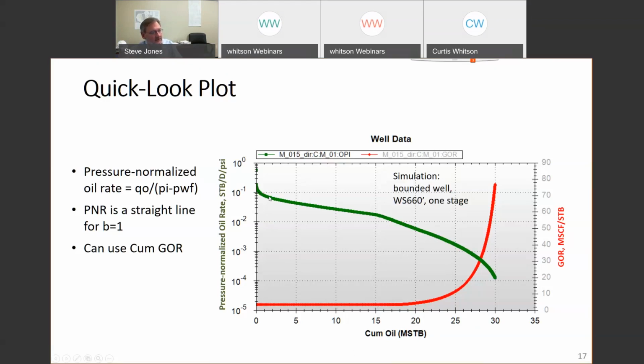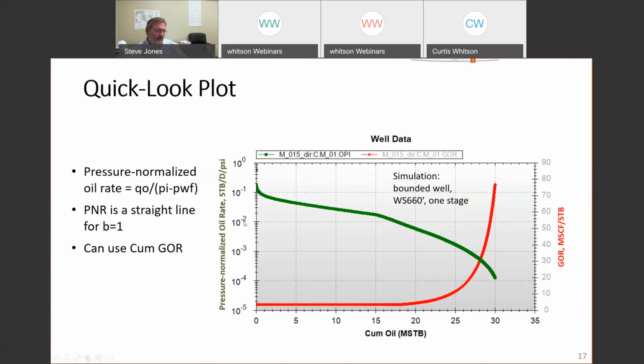You'll also notice that the pressure normalized oil rate at about 15,000 barrels from this one stage begins to decline more steeply. And that's because that's where the pressure near the well is reaching bubble point. So you have gas saturation forming, which causes the steeper decline that I pointed out on the earlier field case.